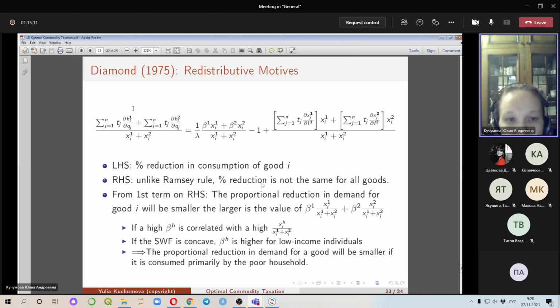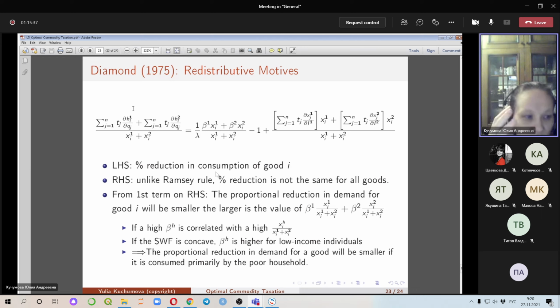Yes, but we try to understand. We understand that it's not the same, but then which goods should be taxed more, which goods should be taxed less? And we understand that from a redistribution perspective, logically, we should tax less the goods consumed more by poor individuals. So we do not want to hurt poor individuals that much.